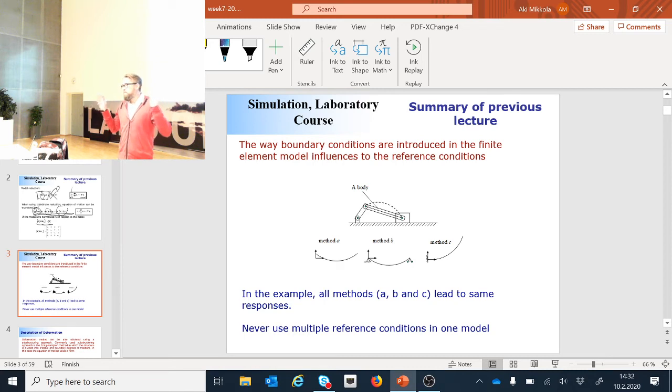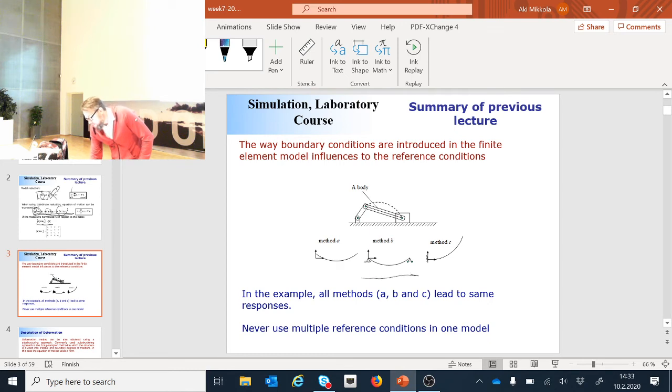You cannot make any more general conclusions based on this example. But in this example, we were wondering how one should actually set the boundary condition. Three choices. There was a free boundary condition, meaning no boundary condition. So you just take whatever structure you have, put it in space, and look at what the eigenvalues and eigenvectors are.